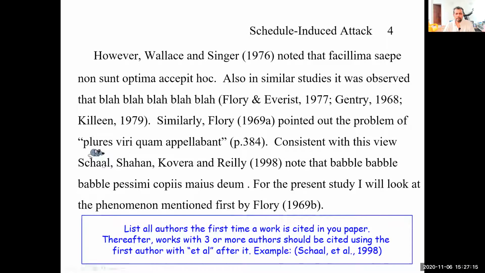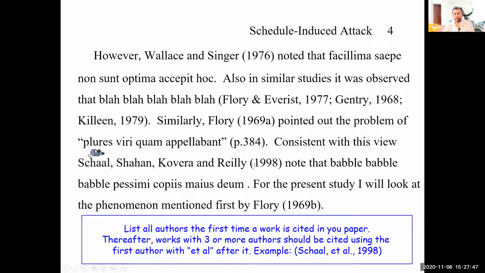And the other thing is, if there are more than two authors, like three authors, or three to five authors, then for the first time you mention the full last names of all the authors. One author, two authors, we have to give as usual. If it is three or more, then for the first time you mention the last names of all the authors.